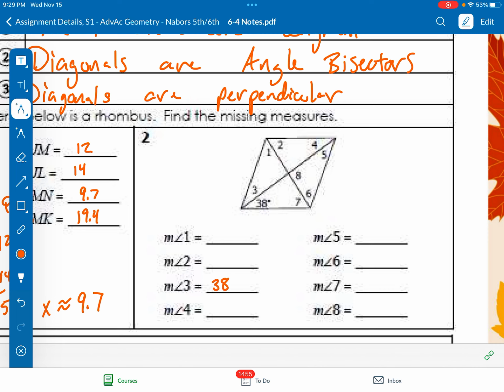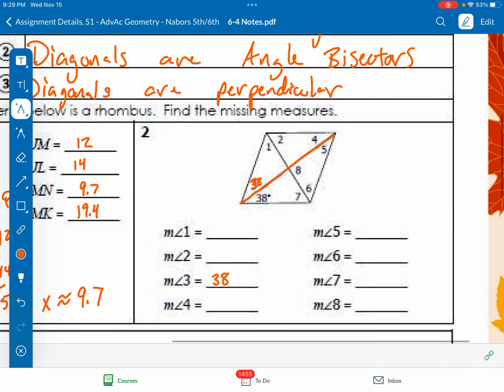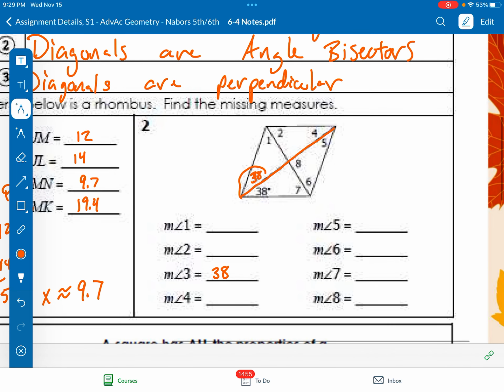So this is 38. And if you remember a fact about all parallelograms, this angle must be equal to this angle because they're opposite angles, which means 4 and 5 are also 38.